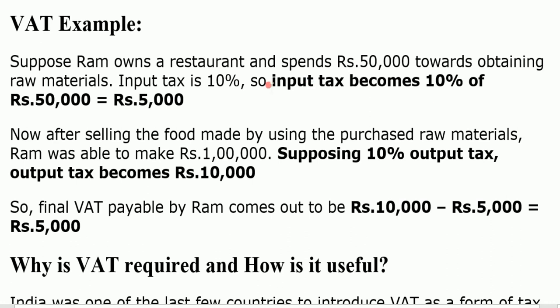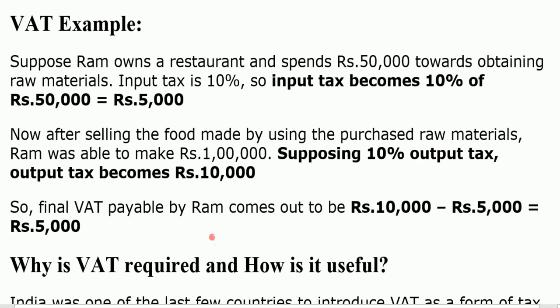VAT example: suppose Ram owns a restaurant and spends rupees 50,000 towards obtaining raw material. Then the input tax is 10%. So input tax becomes 10% of 50,000, that is 5,000. Now after selling the food made using the purchased raw material, Ram was able to make rupees 1 lakh.